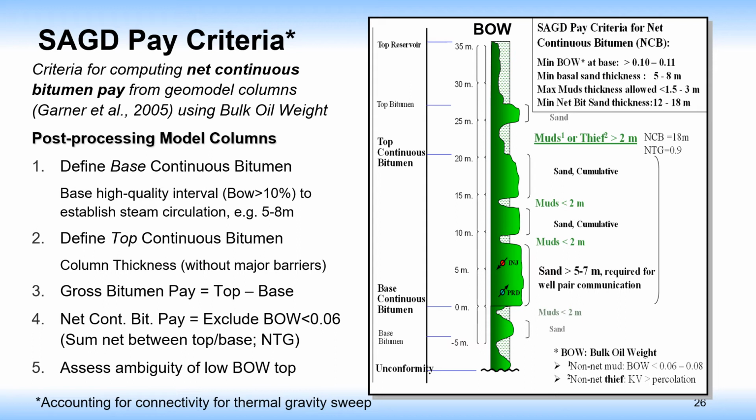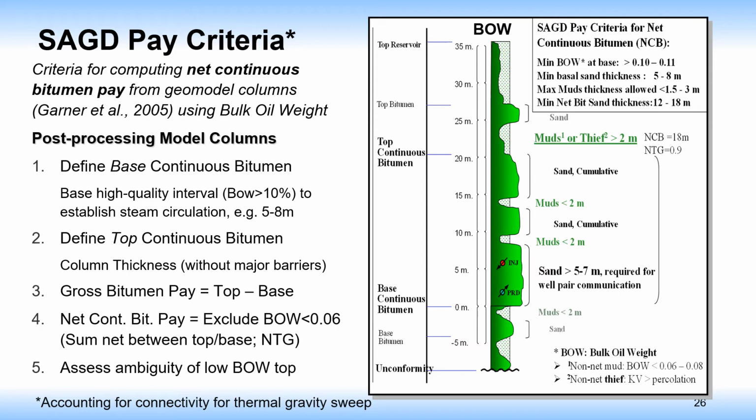recovery. And so the other thing is that even though we're looking at columns, any features have a dimension to them just based on depositional concepts. So first, step one is to define the base of the continuous bitumen. And what we're doing, here's a column of bitumen. This is quality shown, in the magnitude here.